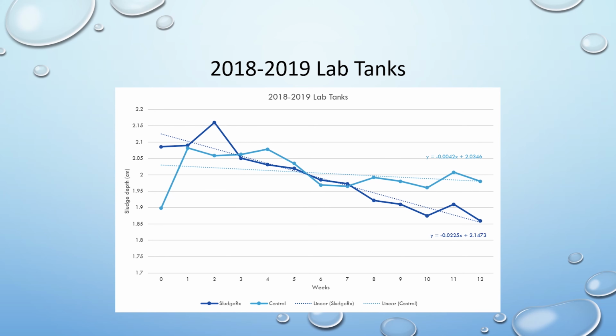The percent of total sediment reduction by the end of the test was, for Sludge Rx, about 11% decrease from that initial week at 0. The control actually increased compared to week 0 by about 4%. If we take it from the control's highest sludge depth at week 1 and compare it to the end, we did see a decrease of about 5%.